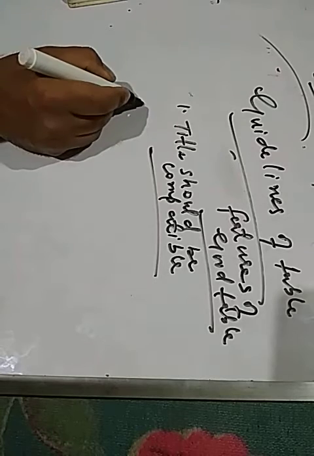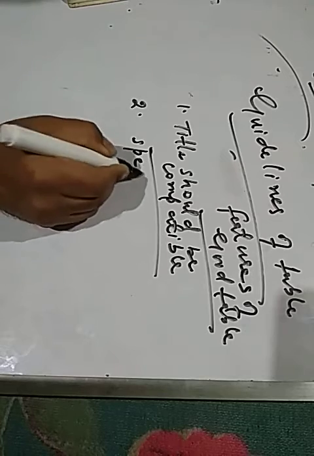The title which is given to the table should match the data shown in the table. The same data which is written in the title should be shown in the table. And number two, special emphasis.